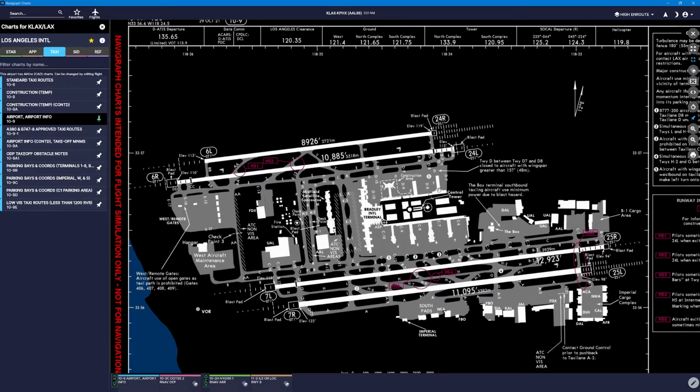Southwest usually will depart runway 24 left, and because we're on this side of the airport, usually 25 right. And then the outer runways are used for landing. Okay, anyway, let's go back to our departure.